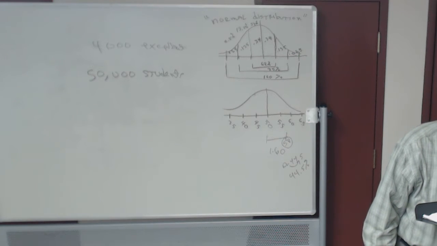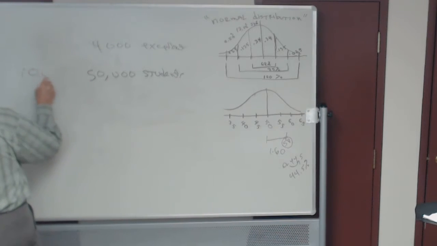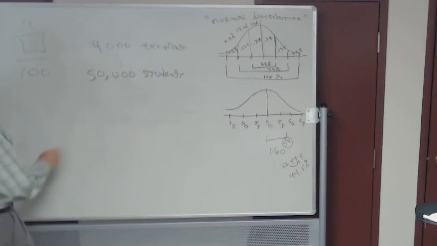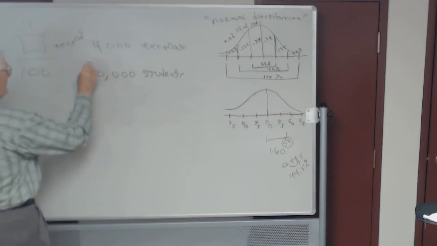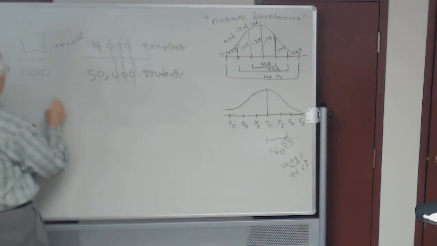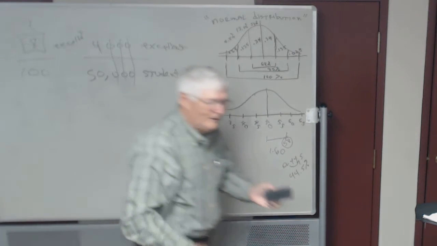In a sample of 100 of these, so if I had 100, how many would have had an excellent? Well, 4,000 over 50,000 is 4 over 50, so that would be what? 2 over 20. 8 over 100.